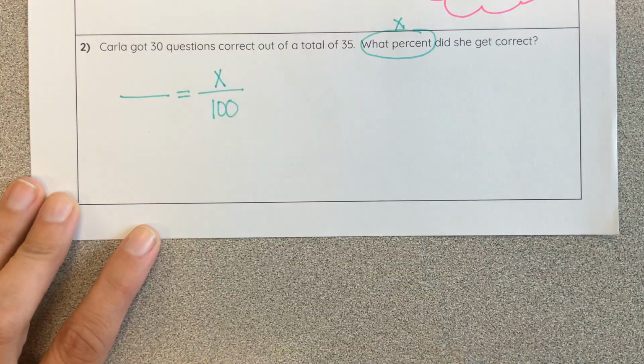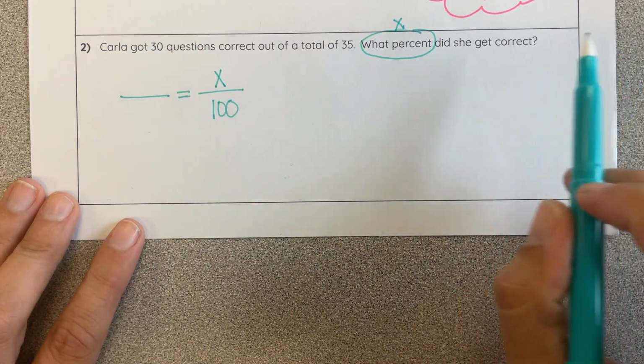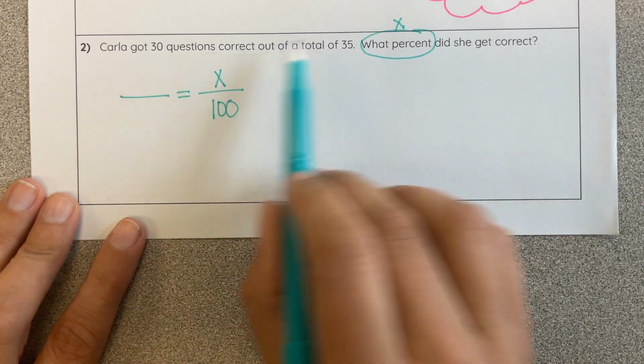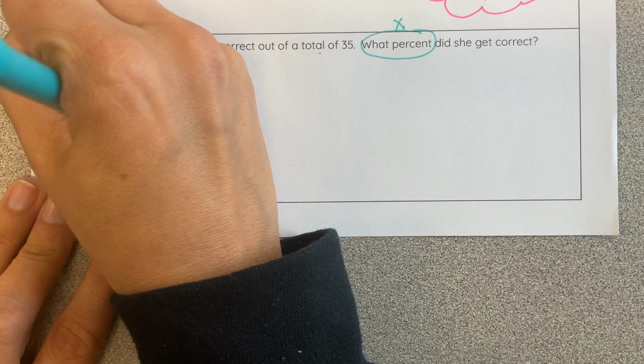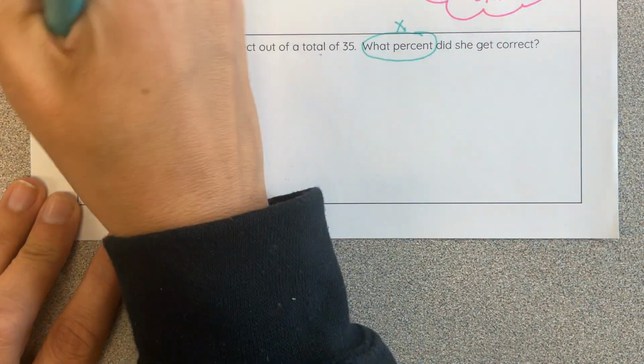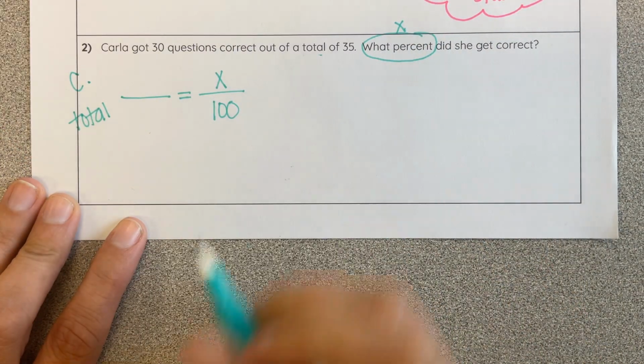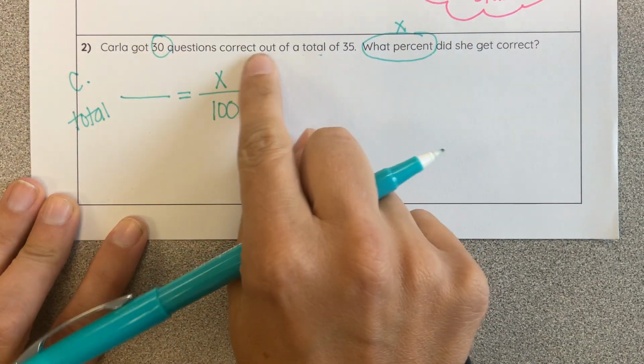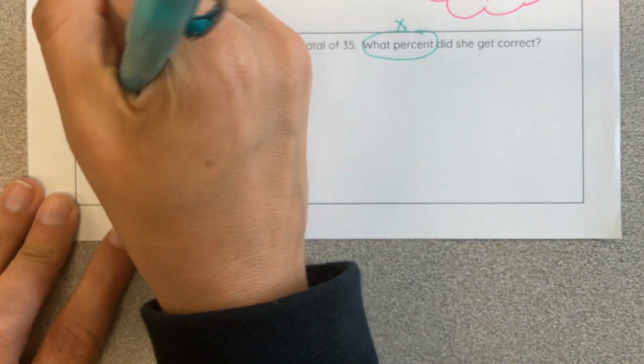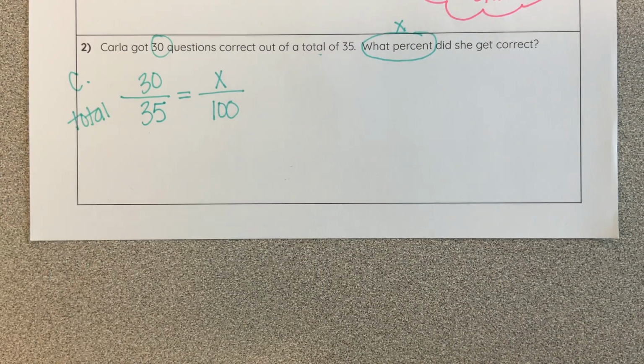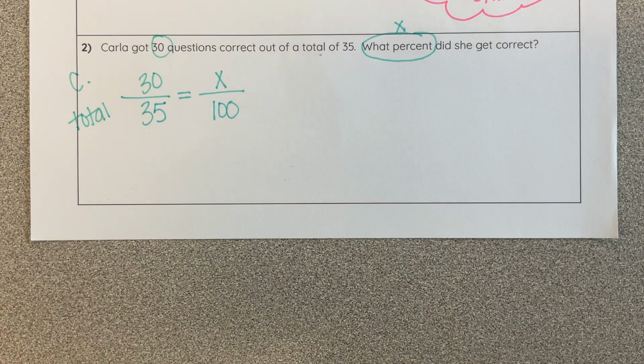So I don't know the percentage. Then we got to think about, what are we comparing here? Well, we have our total. And then specifically, we want to know how many she got correct. So 30 questions correct, that's the part, versus a total of 35. That is our total. And now we can solve.